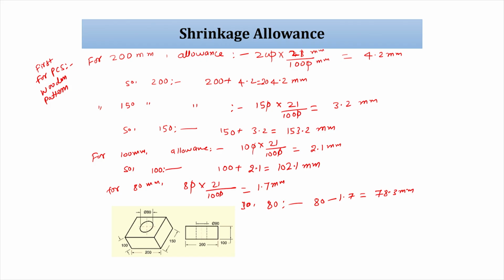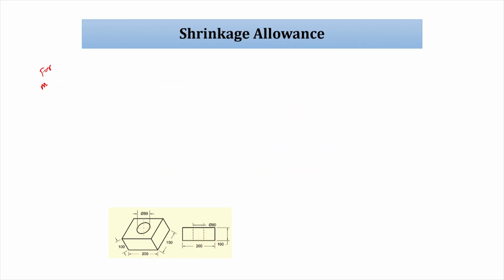For the next shrinkage, for the metallic pattern design, for 200 mm, the 204.2 is already there, so I am just calculating the allowance. 204.2 into 13 by 1000.